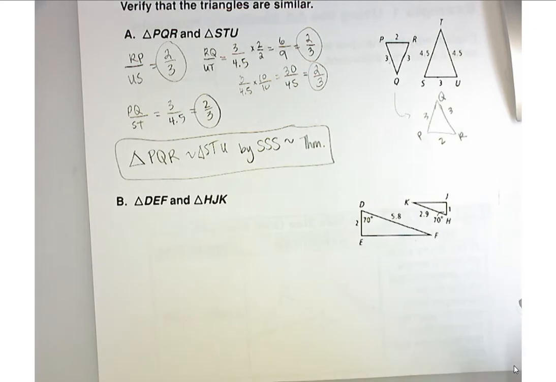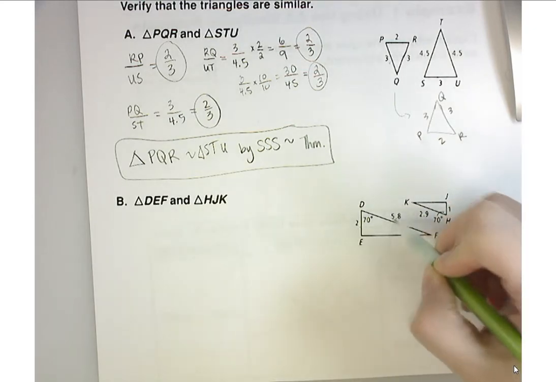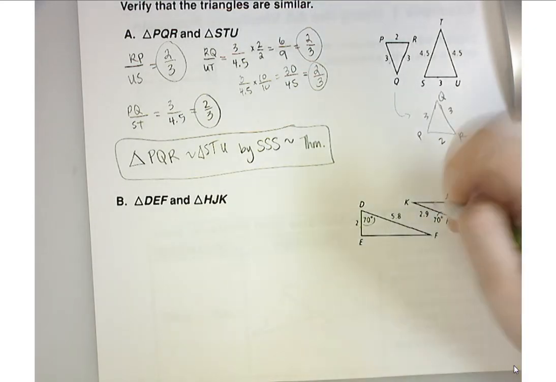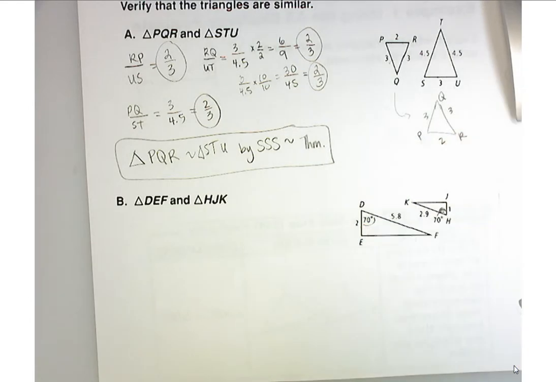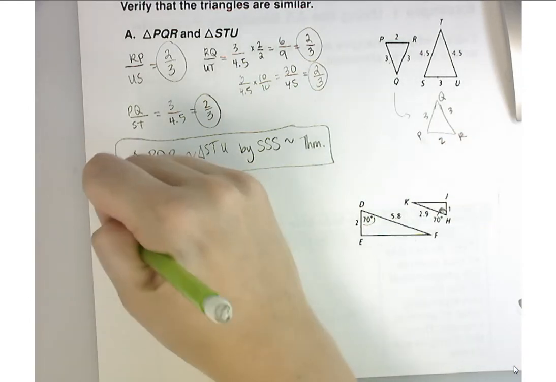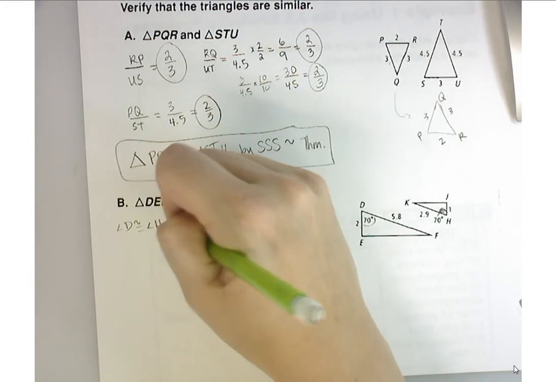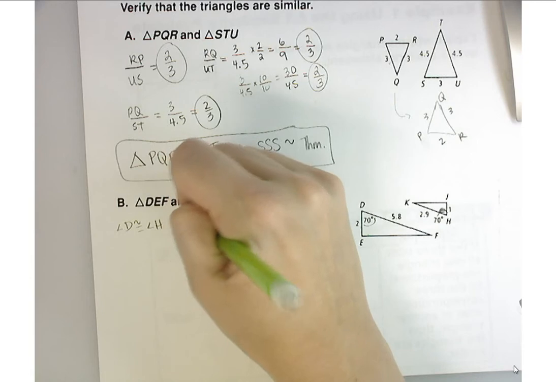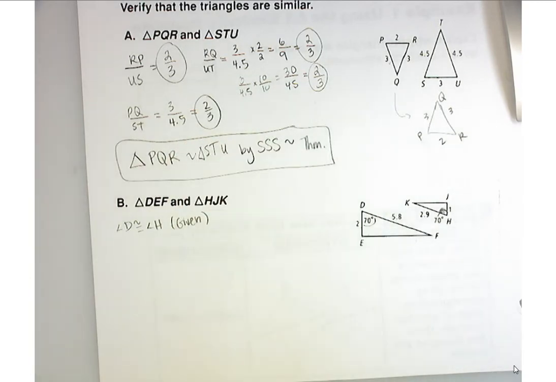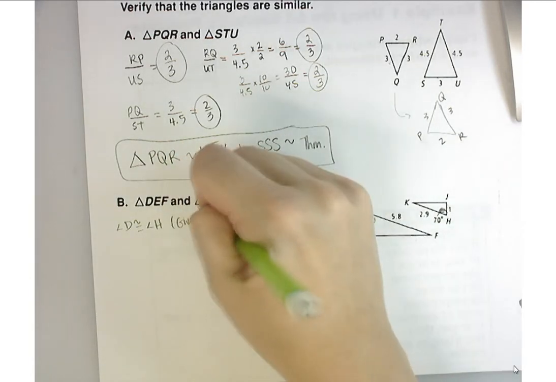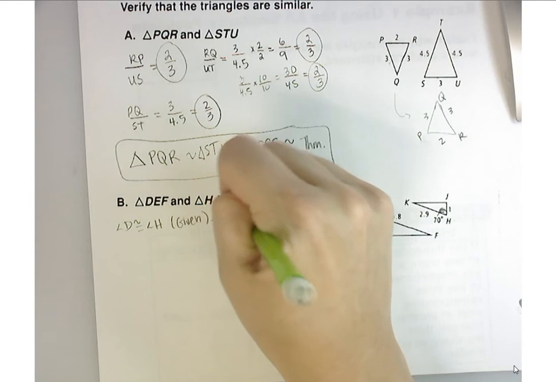SAS, because see how you're given a side, and then the angle in between? Okay, so the first thing I would do is look at the angles. So we know that angle D is congruent to angle H, and that's given to us in the diagram. Okay, so both are equal to 70 degrees.